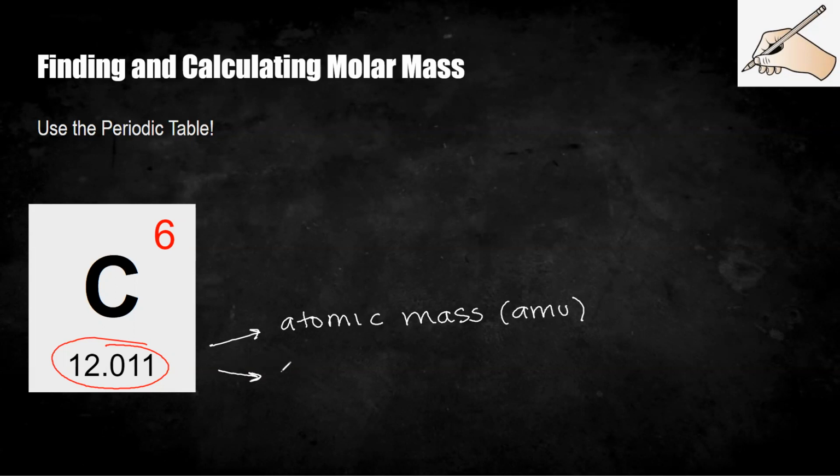And it is also the molar mass measured in grams per mole, which again is another way of describing how big one atom of that element is. But this time we are measuring a mole of those atoms of that element. So what this number is telling us for carbon here is that 1 mole of carbon on a scale weighs 12.011 grams.